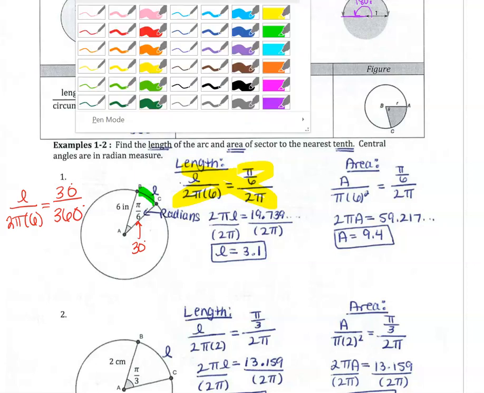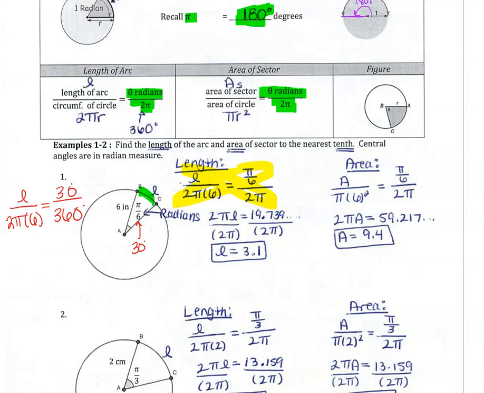Now, let's say hypothetically the directions wanted an exact answer for the length, so that means in terms of pi. So I'm just going to use, again, this guy as an example. If you were to cross multiply, that would be still 2 pi L equals, now I'll just leave this as 12 pi times pi over 6. So just leave it like that for a moment.